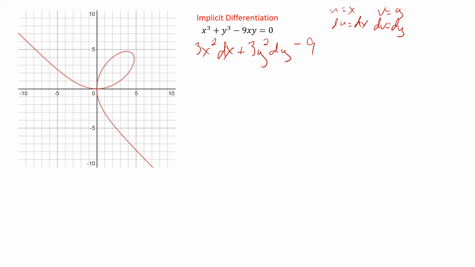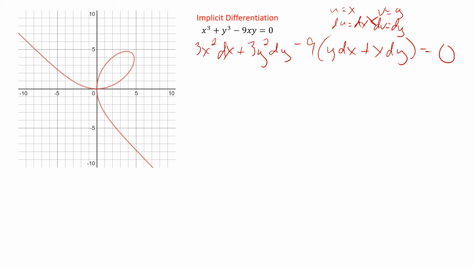It's kind of redundant, but we multiply just like that. So we have y dx plus x dy, and then it equals 0 because the derivative of 0 is 0.